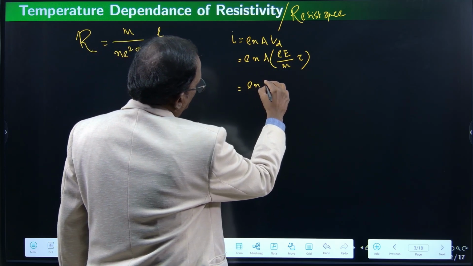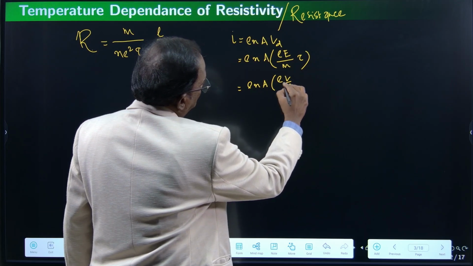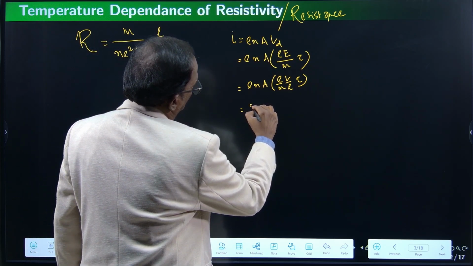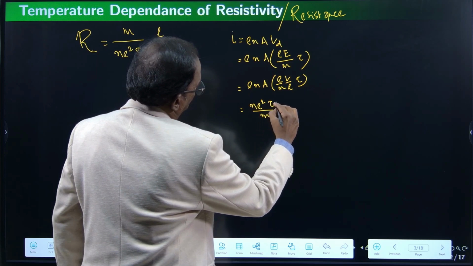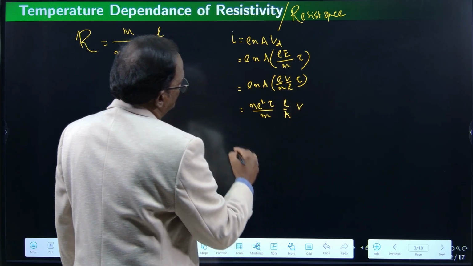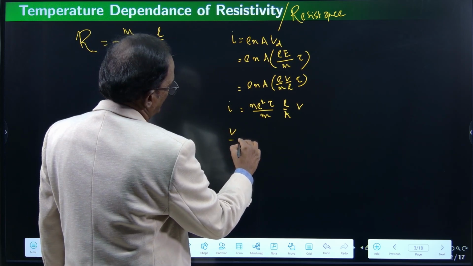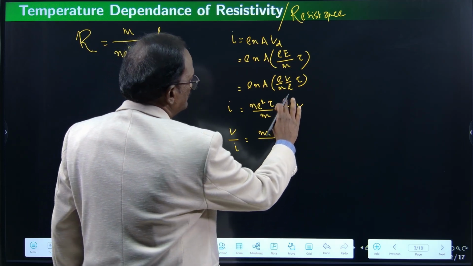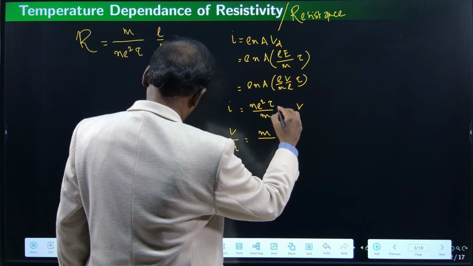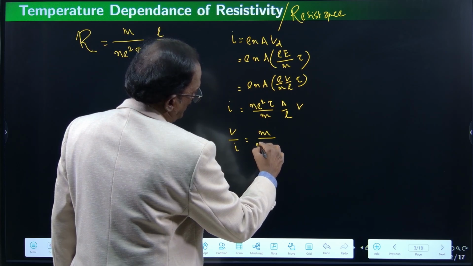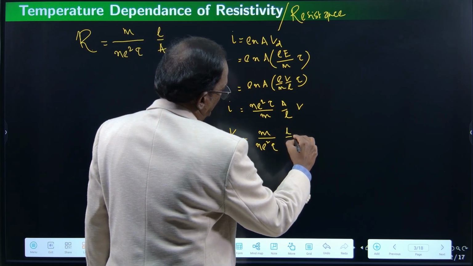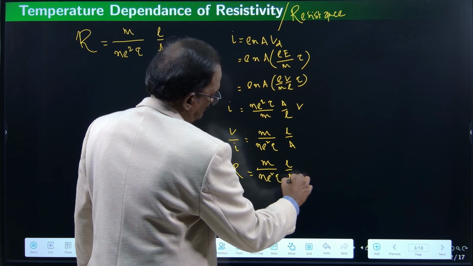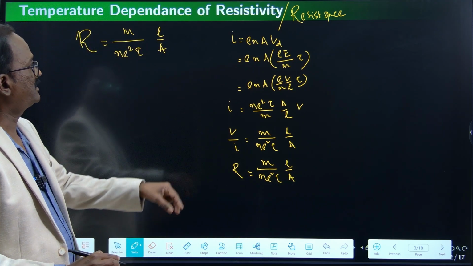Then I am replacing E with V by L. Then this will be n e square tau by m, A by L into V. This is I. Then V by I is equal to m upon n e square tau, L by A. This is R.